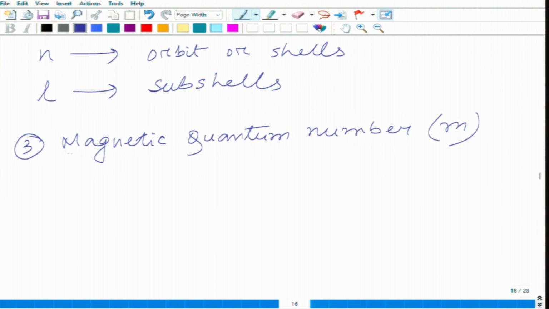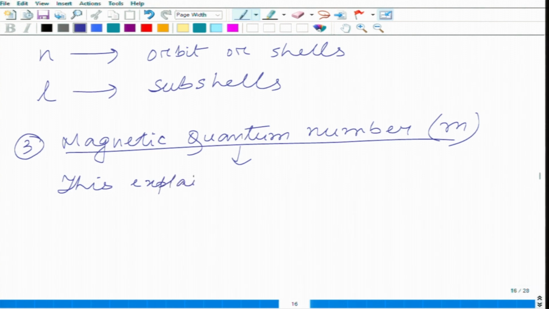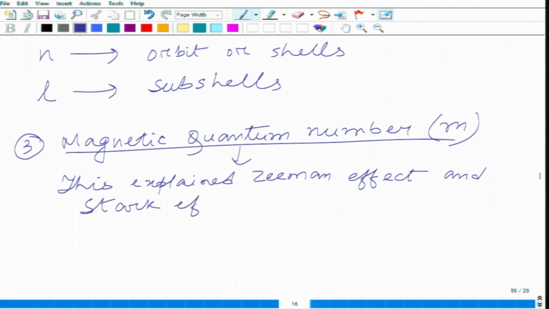Okay. Why magnetic? Because it explained the splitting of line spectra in presence of magnetic field, that is Zeeman effect. This explained Zeeman effect and Stark effect.